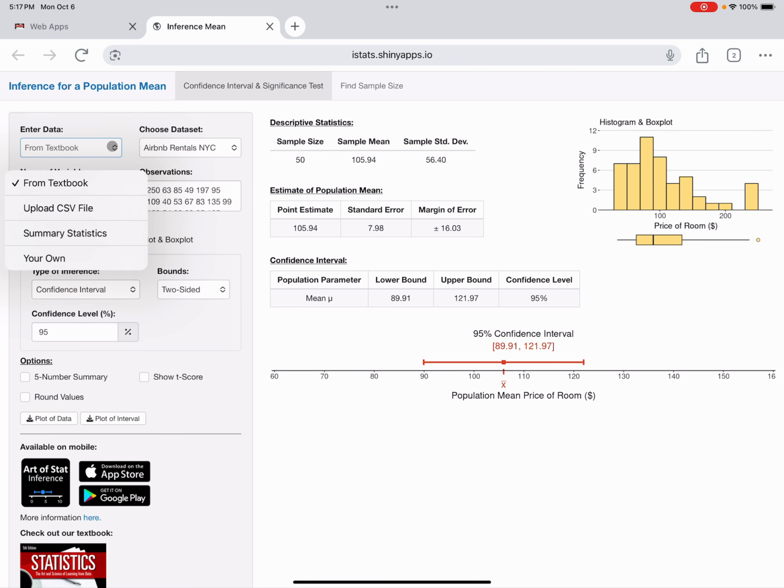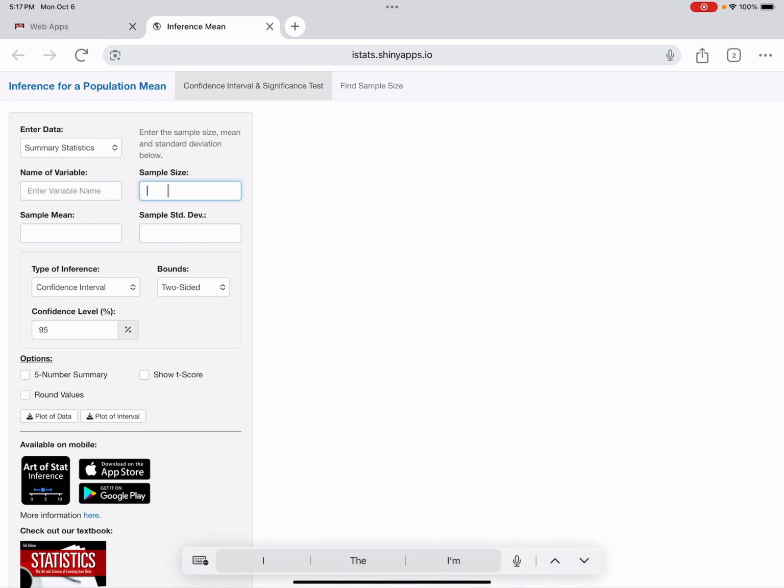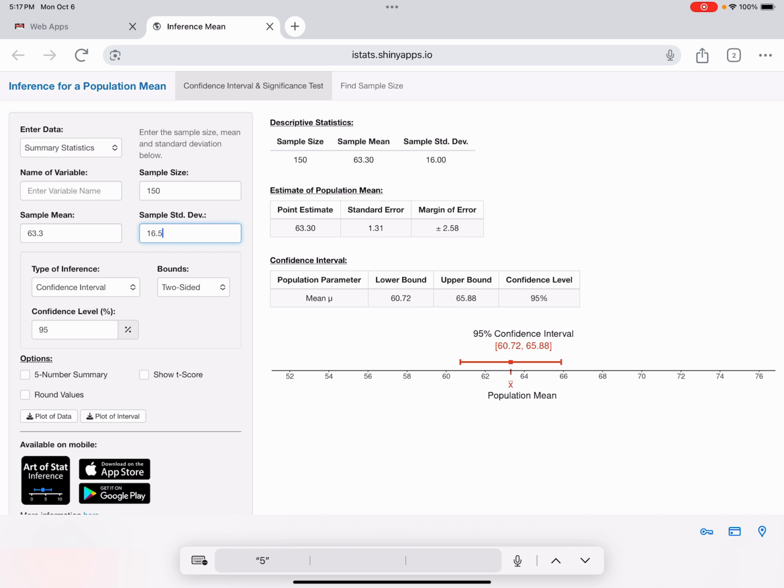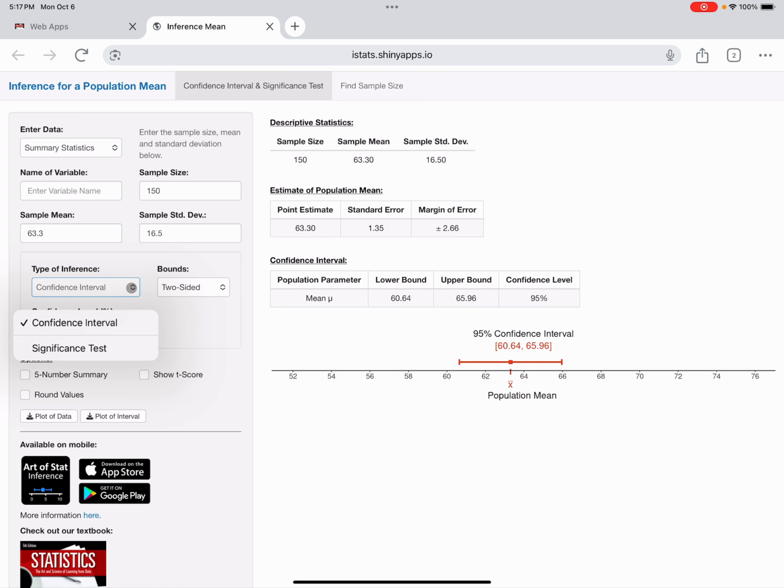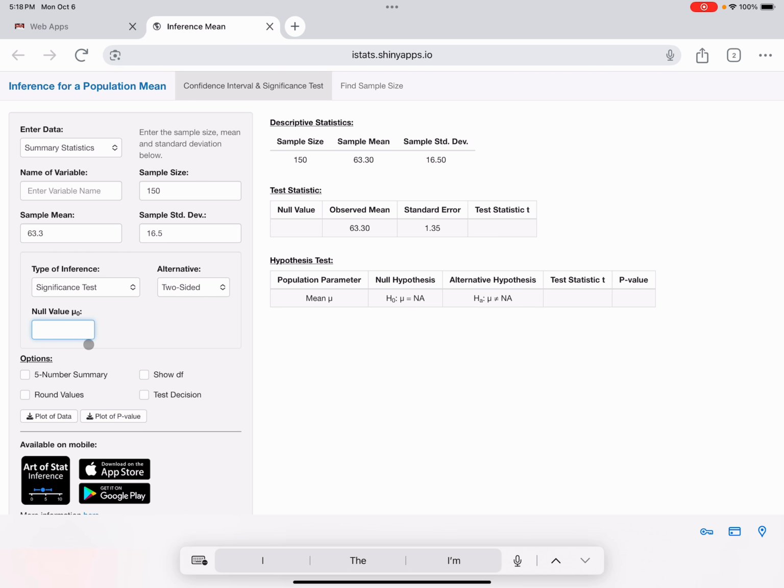And I have some summary statistics that I can enter here. The sample size we said was 150. The sample mean we said was 63.3. And the sample standard deviation we said was 16.5. I don't want a confidence interval just yet. I want to run a significance test.